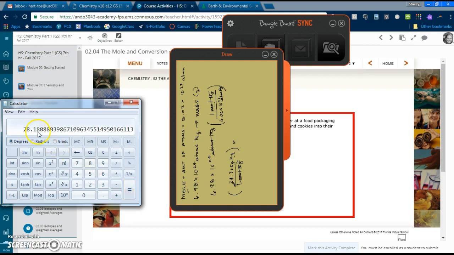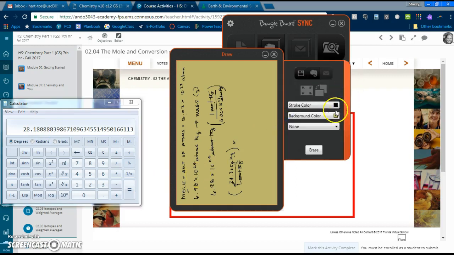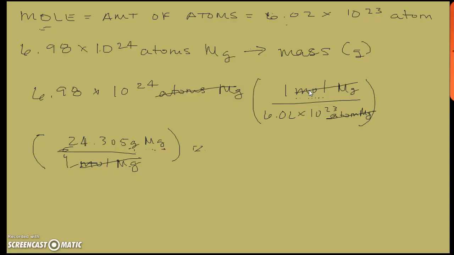So I'm going to move that decimal point one place to the right, which gives me 282 grams of magnesium. Okay, so remember I went 24th minus 23 equals 1. So I had 28.18 times 10 to the first. In other words, move that decimal, 282.